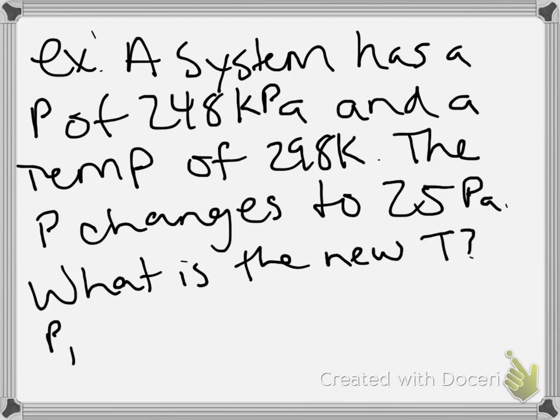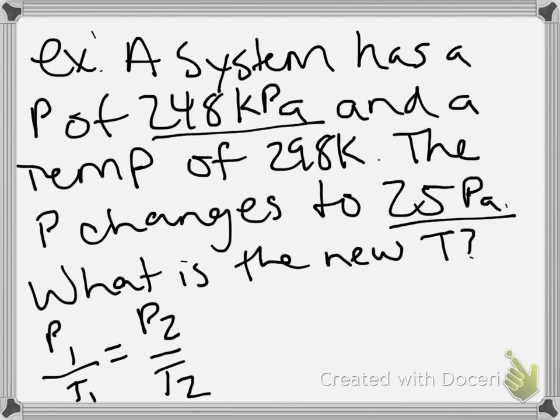So again, you use the formula, write it down first, and then you underline all of your numbers and decide what variable they are and if they go together. So kPa is a pressure, kelvins is the temperature, and Pa is another pressure. This temperature goes with this pressure, so we're going to call this P1 and T1, which is going to make this P2.